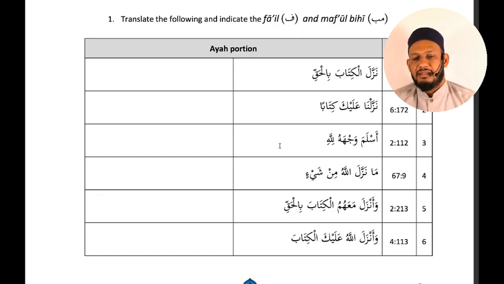Next one, aslama wajahahu lillah. Translation? Keep the answers coming, inshallah. Aslama wajahahu lillah.